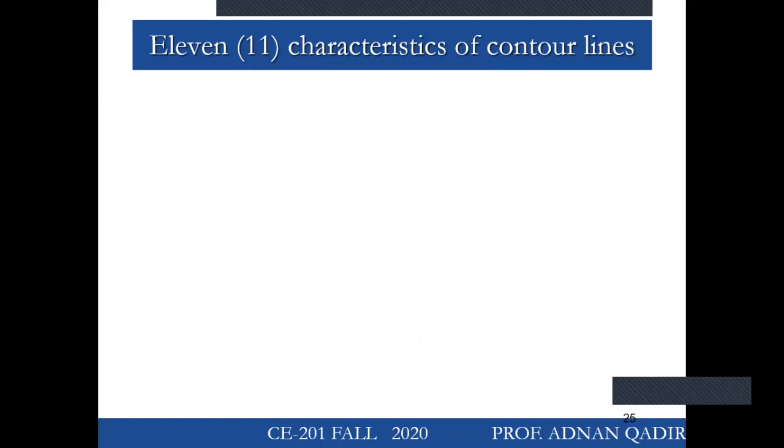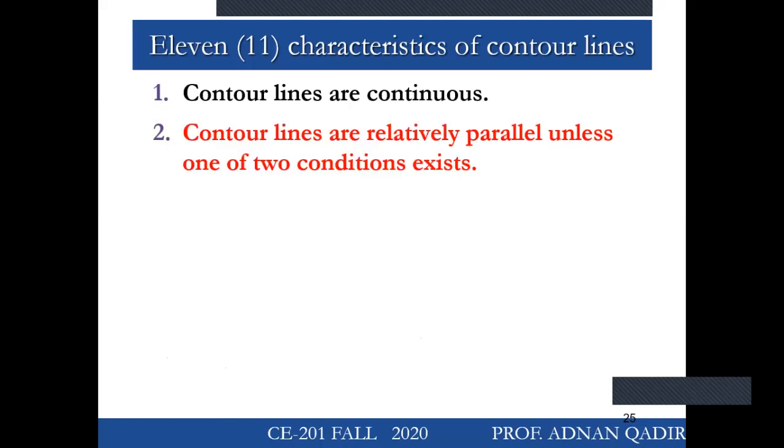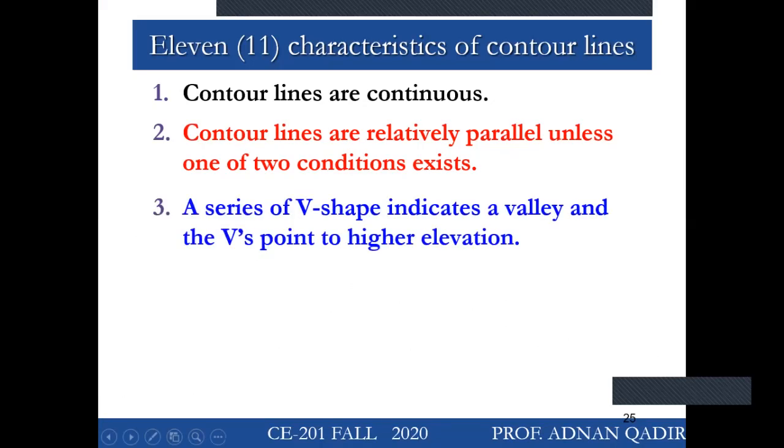Contour lines, as we call the line of same elevation, are a line that joins those elevations. But there are different characteristics. They are continuous. They are parallel, unless a series of V shapes indicates a valley, and the V point is at higher elevation.